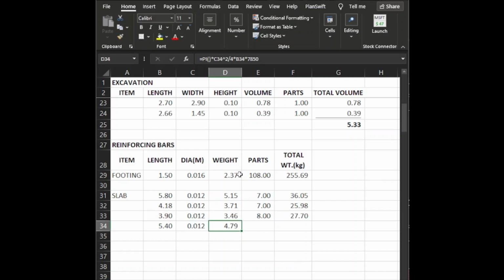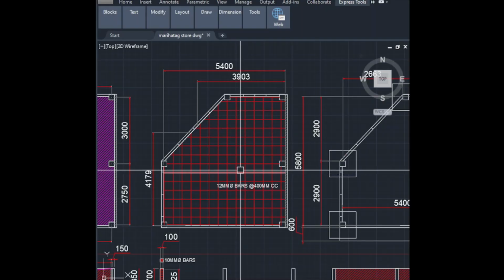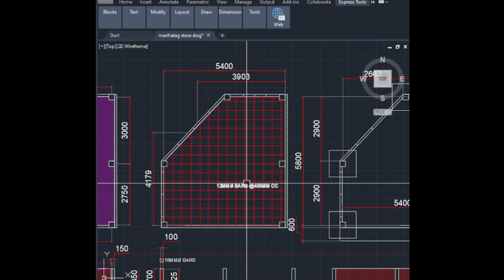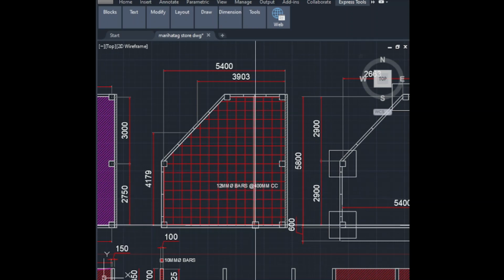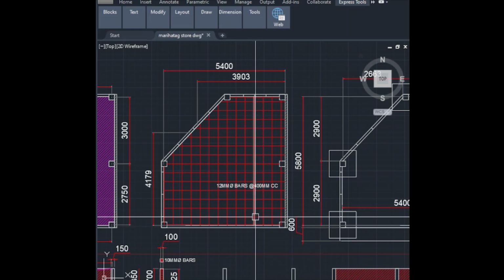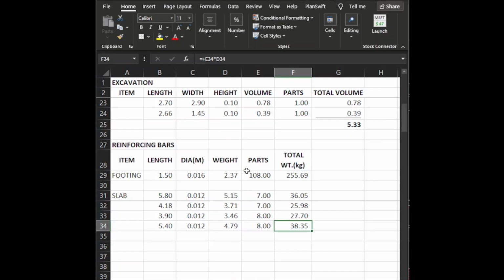We will just make the formula. Then the number of bars, 1 2 3 4 5 6 7 8. So wait, 2 4 6 8. Okay, so the total weight is 38 for these 5.4 meter long bars.